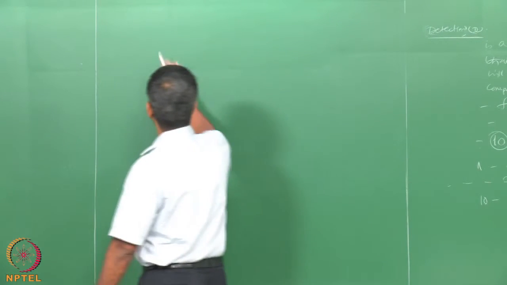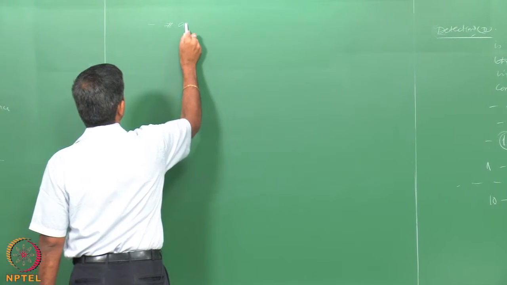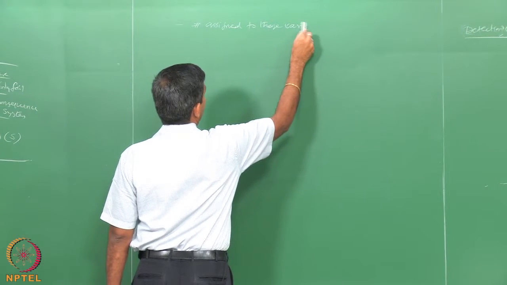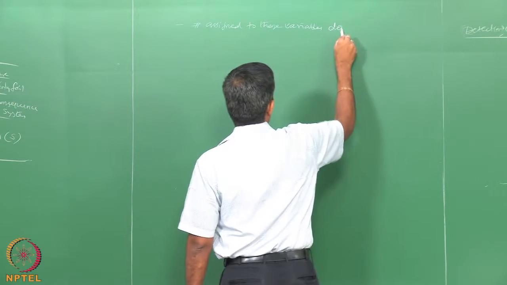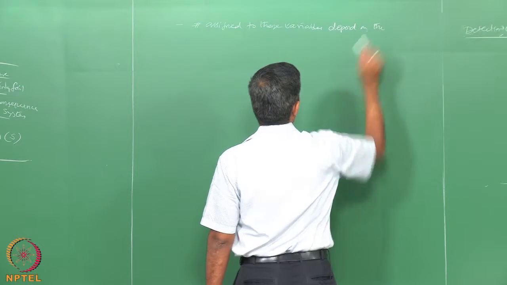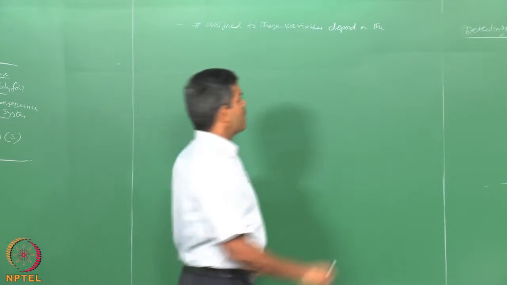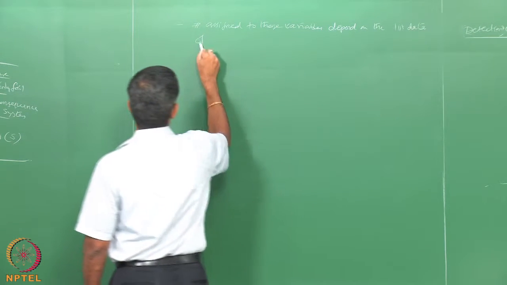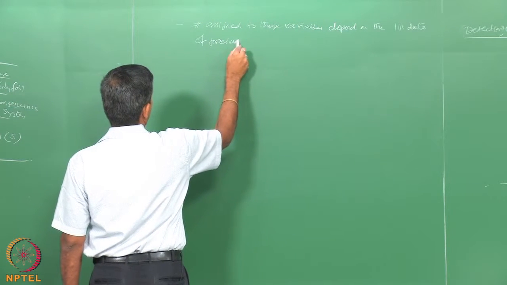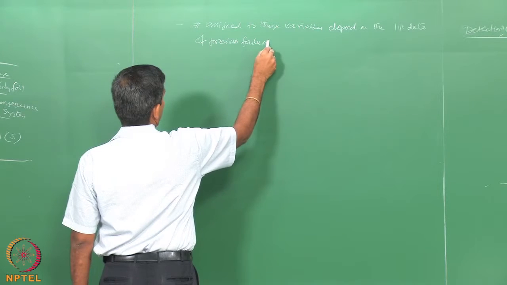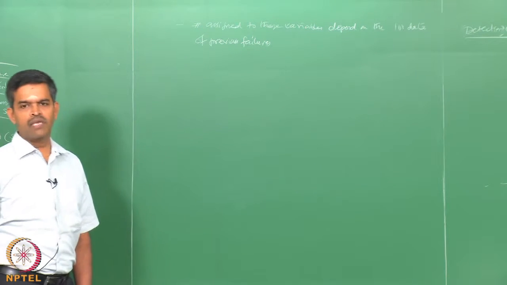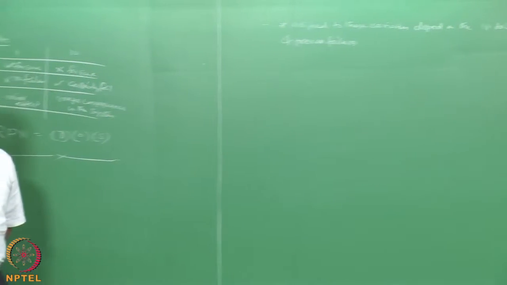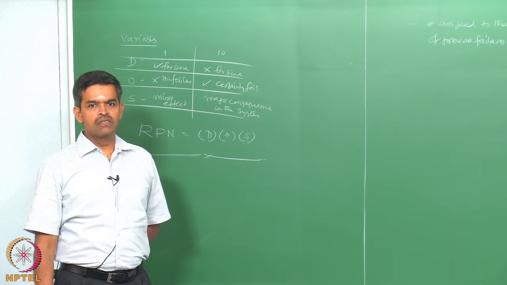So, the numbers assigned to these variables depend on the data or the similar data of previous failures, by experience or by engineering methodology, etc. Then one can compute the risk priority number, which can identify actually the important areas of concern.